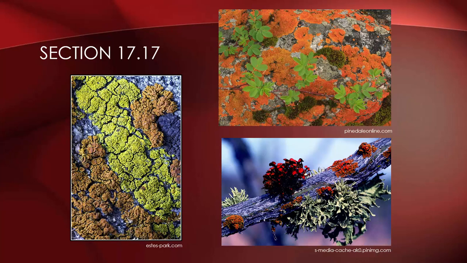Different species and different types of relationships form mats, these sort of scale-like, strong, tough mats of different colors. They're so closely intertwined that even on a microscopic level, they're growing in and out of each other and wrapped around each other.